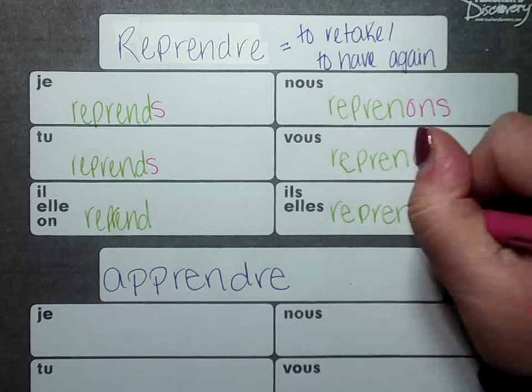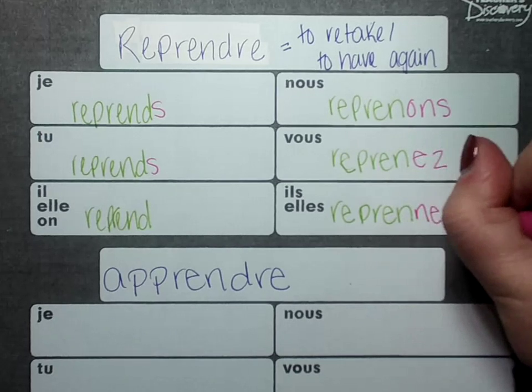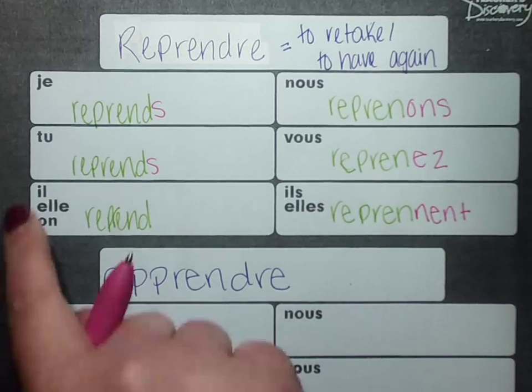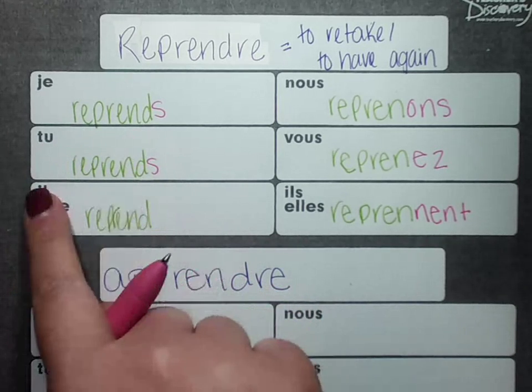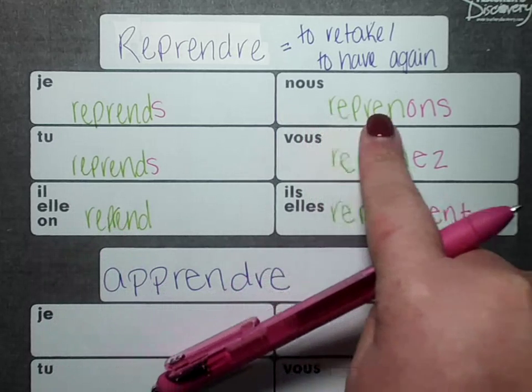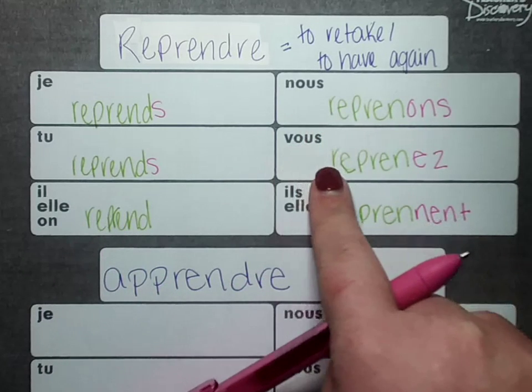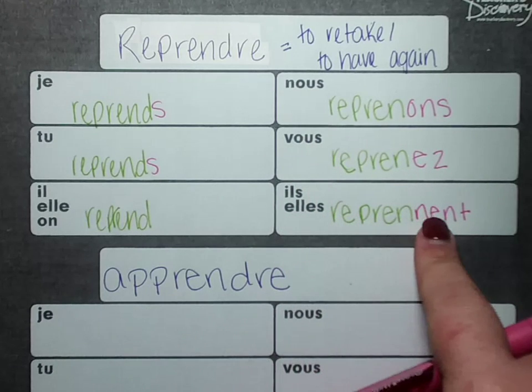And then add your ending on. Remember, double that N and then E-N-T. So we have je reprends, tu reprends, il, elle, on reprend, nous reprenons, vous reprenez, ils, elles reprennent.